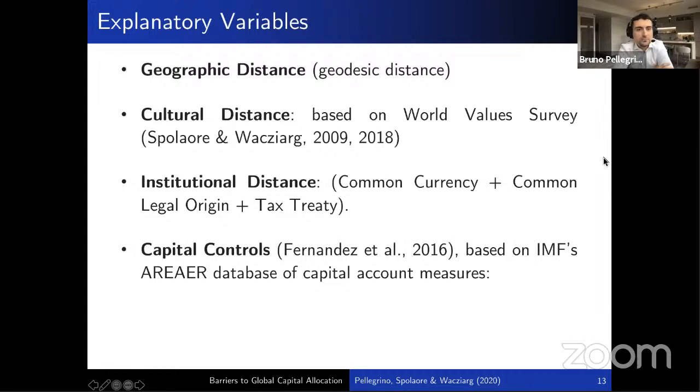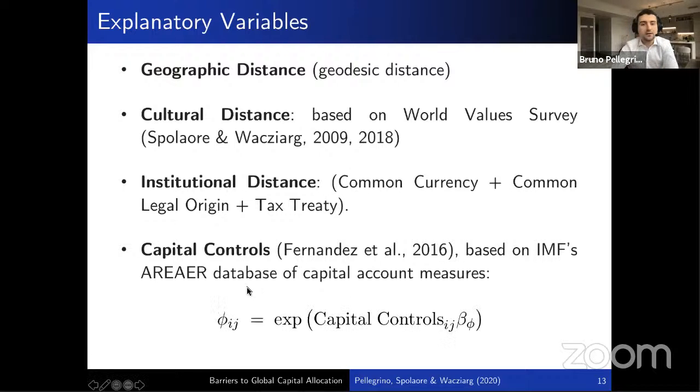We also use a new measure of capital controls recently developed by Fernandez and co-authors, which is based on the IMF's database of capital account measures, AREAER. And we use the last one, this measure of capital controls, to parameterize phi. So phi is related to this measure of capital controls by a semi-elasticity called beta phi.